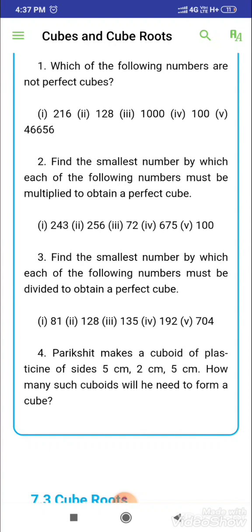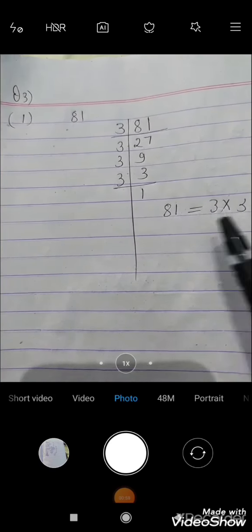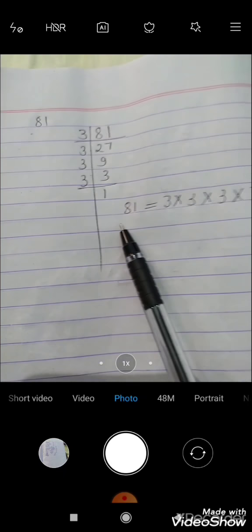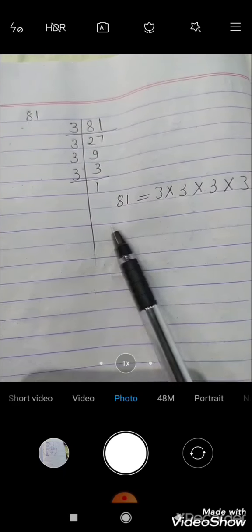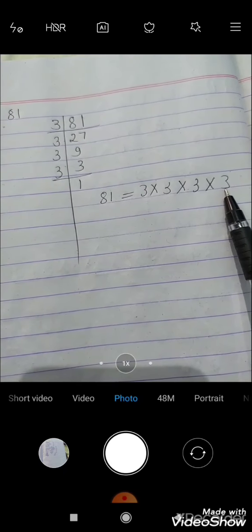Now move to our third question, and the third question is find the smallest number by which each of the following numbers must be divided to obtain a perfect cube, and the first part is 81. In this question we again factorize 81 by using the prime factorization method, and the factorization of 81 is 3 multiply by 3 multiply by 3 multiply by 3.